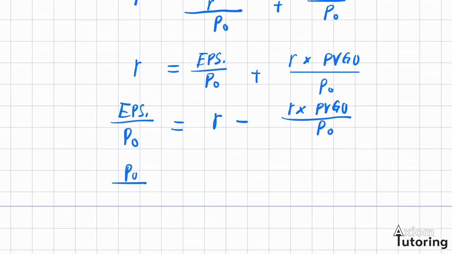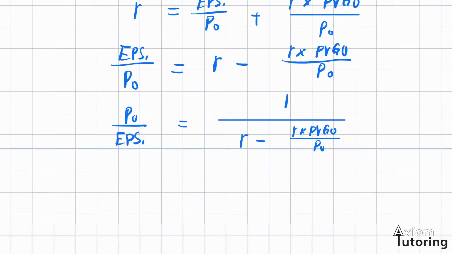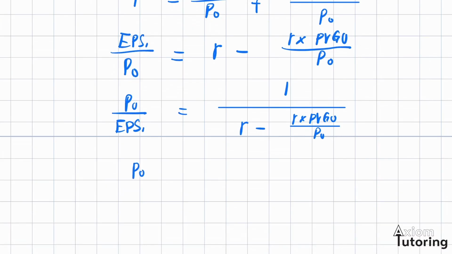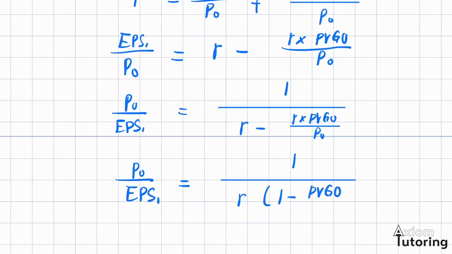So we have P0 over EPS1, which is 1 divided by R minus R times PVGO divided by P0. Or we can simplify this a little by saying P0 divided by EPS1 is 1 divided by R times 1 minus the present value of growth opportunities divided by P0.